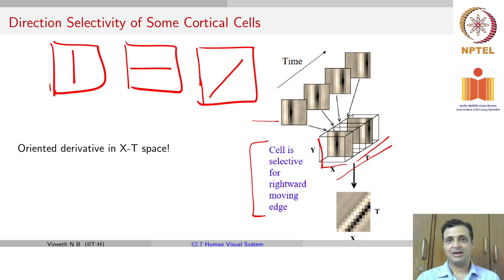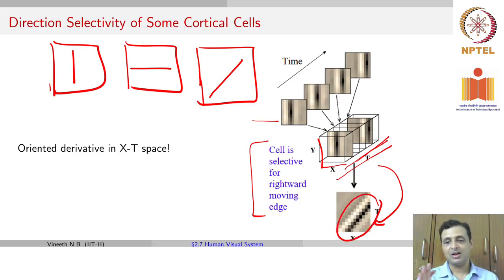Remember again that unlike the simple cases that we saw so far with filters and masks, the human visual system is responding to stimuli that change over time. It's not a still image, but a changing image. So the human eye has to adapt to those changes in the image too. So then it appears that over t, you're going to have an edge in a different direction, because the edge is actually moving from one part of the image to another part of the image. So in the xt dimension, this particular cortical cell will end up having an edge along this direction.